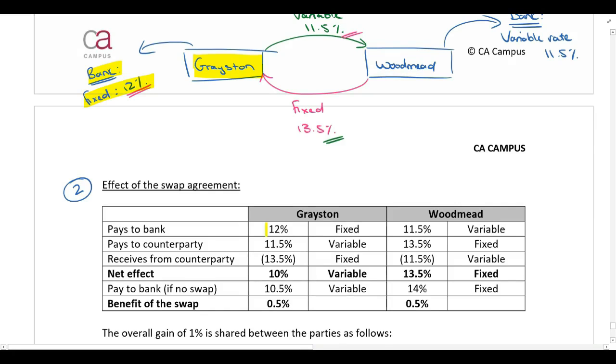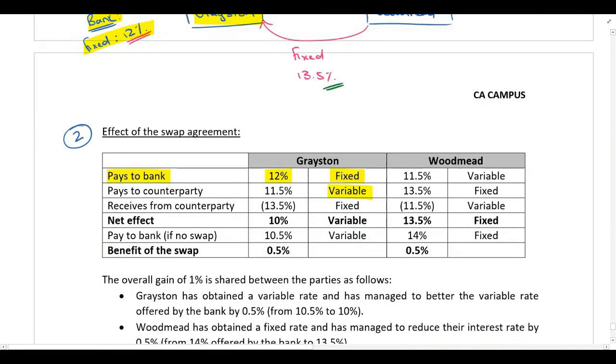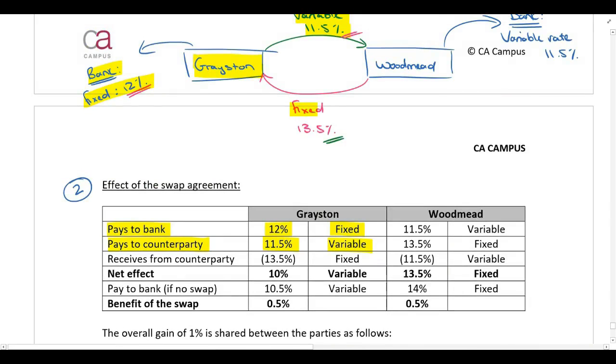So if we include that in our calculation just below, we can see they pay their bank a fixed rate of 12%. They pay Woodmead a variable rate of 11.5%. And they receive a fixed rate of 13.5% from Woodmead.